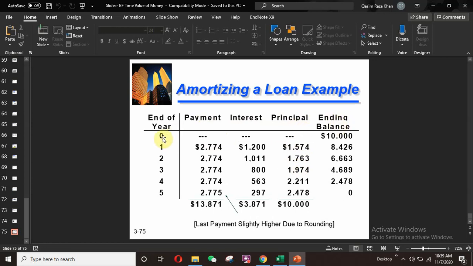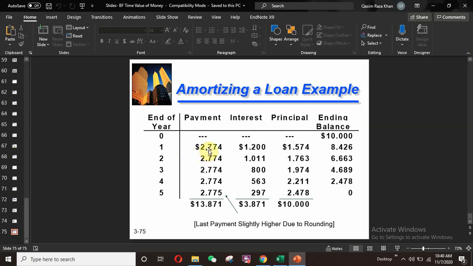So at time zero, Julie Miller will get 10,000 from the bank. After getting this amount, at the first year end he will submit the annual payment to the bank, that is $2,774.